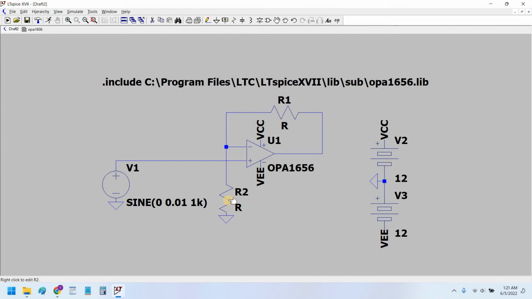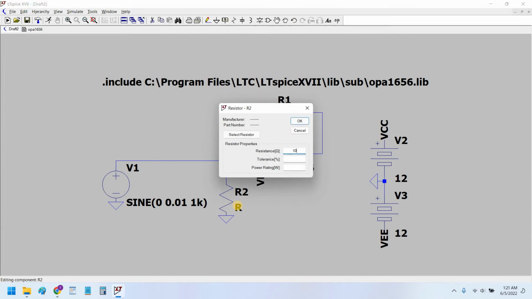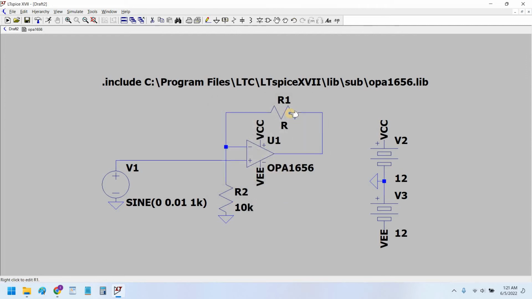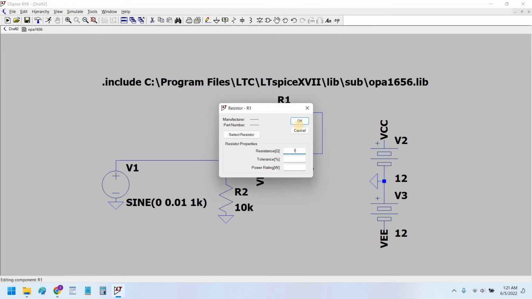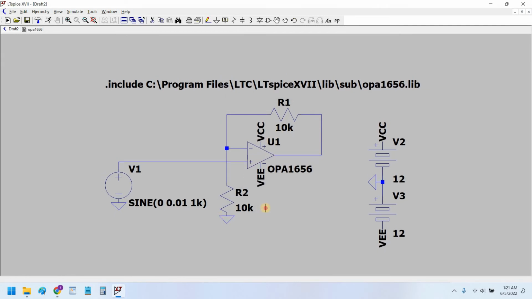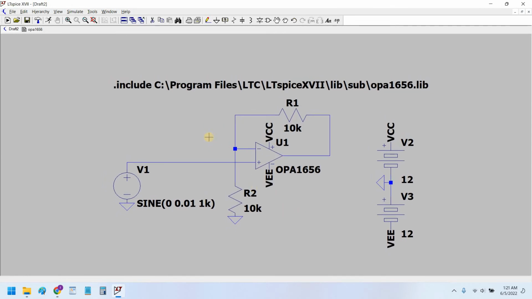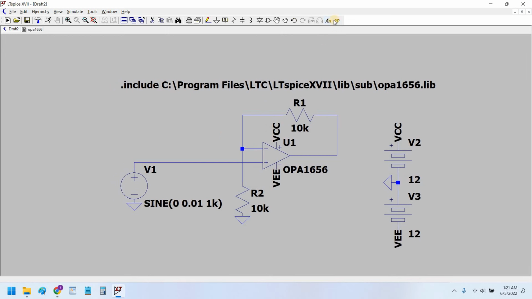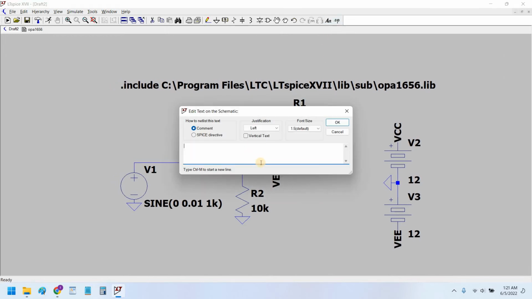Now let's use the resistors equal to 10 kilo ohm. You can choose any value. I am just going to show you how the amplifier works. Both resistances are equal to 10 kilo ohm. Why? Because the formula of the non-inverting amplifier gain is 1 plus RF upon RI.